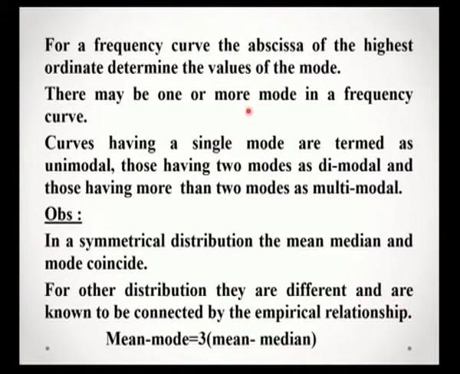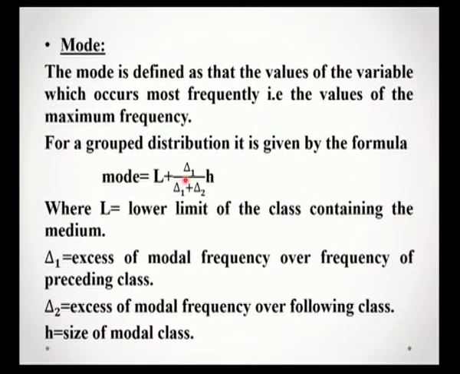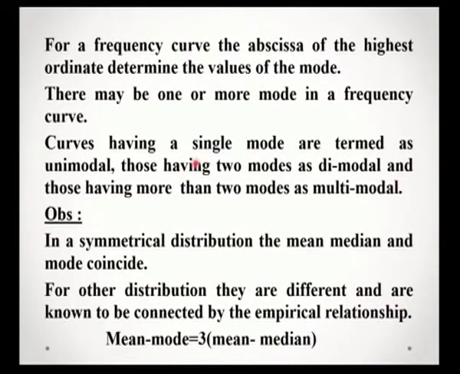There may be one or more modes in a frequency curve, but in the case of grouped data using the formula, only one mode will be there that can be calculated. But in the case of a frequency curve, there may be one or more modes.